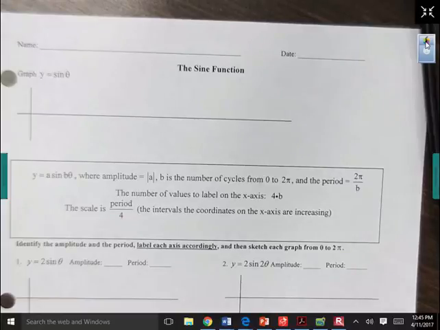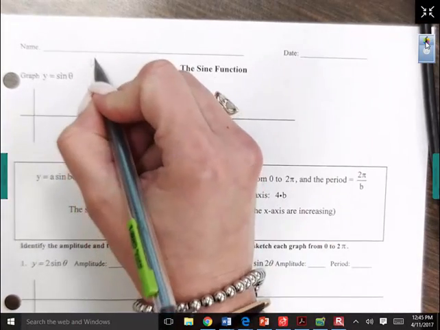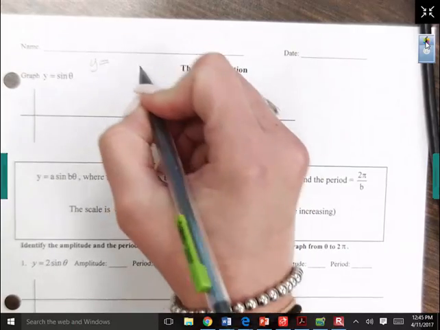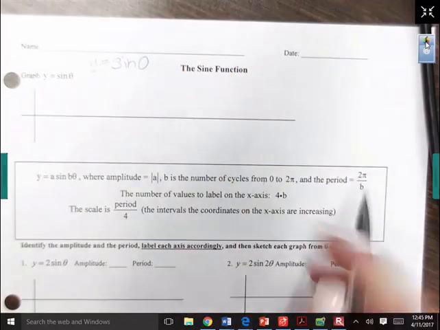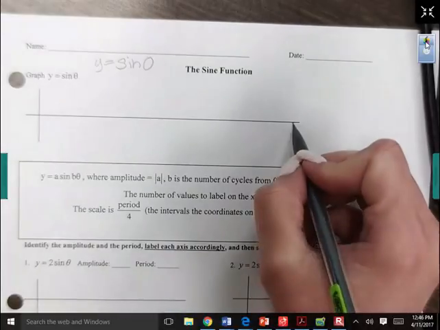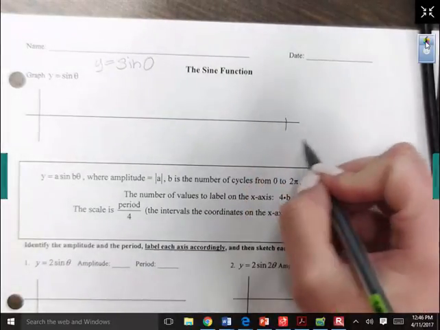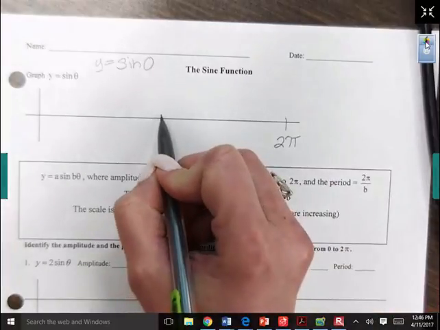We know that we're going to start here at 0, 0, or y is equal to the sine. For all the graphs we're going to look at, we're just going to be seeing how many cycles there are from 0 to 2 pi. So we know that the very end is going to be 2 pi. Now if we cut that in half, what is that going to give us?